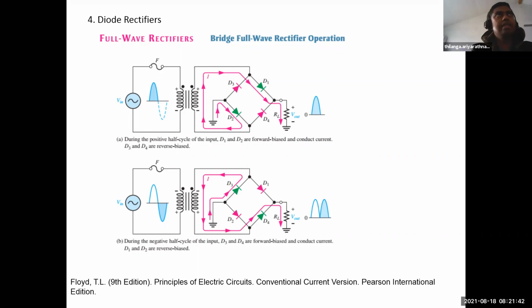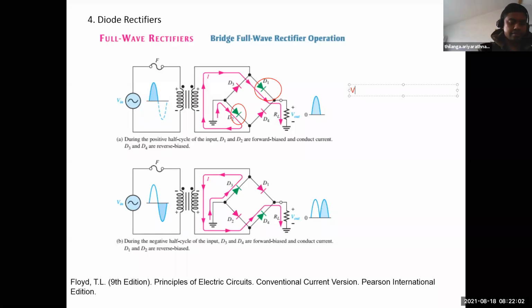Now you guys can see each time we had two diodes conducting. That means, guys, the voltage drop should be equal to the secondary voltage minus 0.7... not 0.7, 1.4.